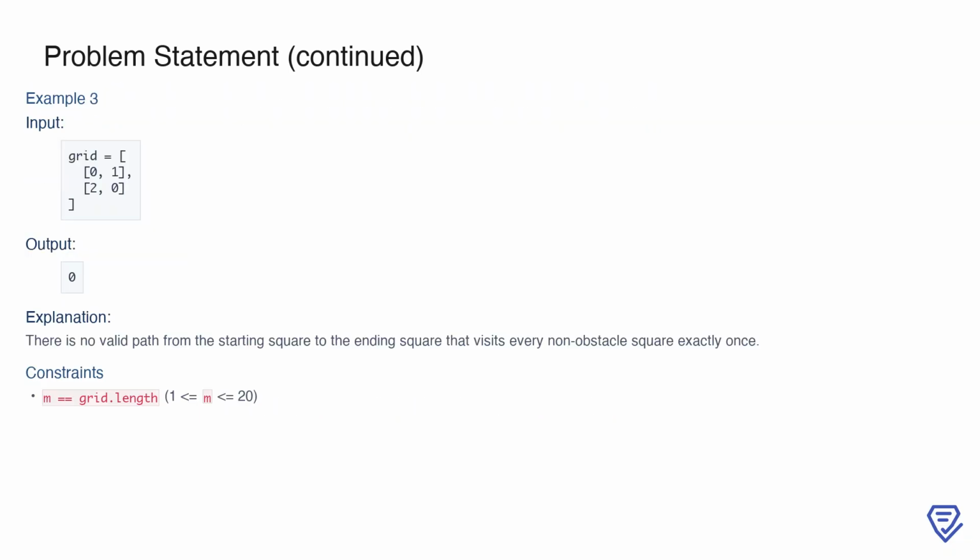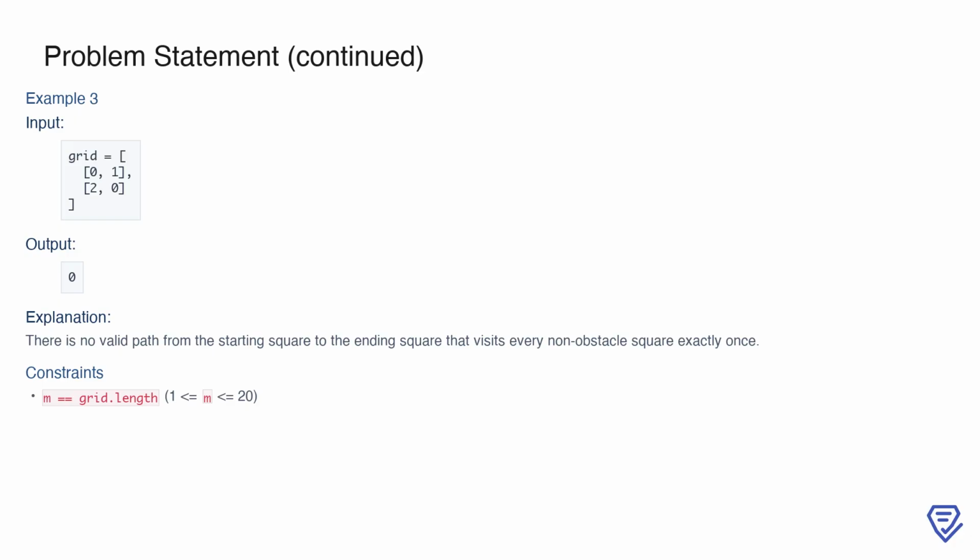Now consider another example where the grid is still a 3x4 matrix, but this time there are no obstacles. The starting square is at the top left corner, and the ending square is at the bottom right corner. In this scenario, there are four unique paths that satisfy the conditions. Each of these paths visits every non-obstacle square exactly once, but they follow different traversal orders to reach the ending square.